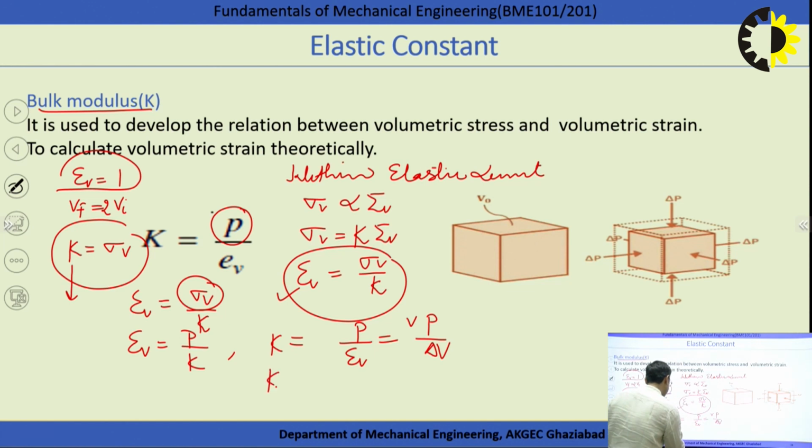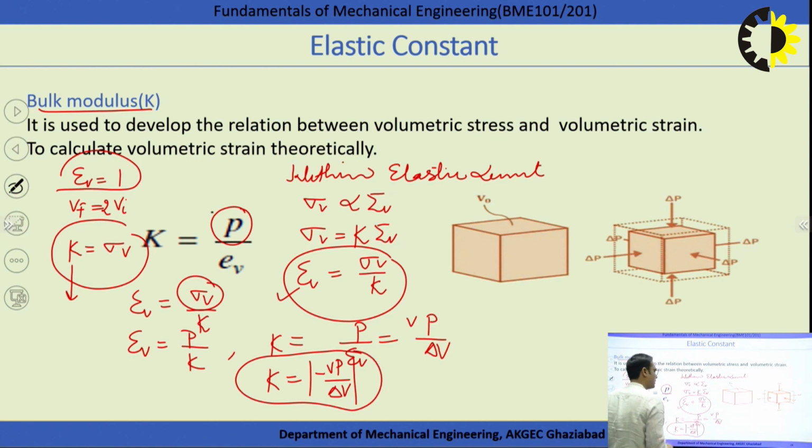And volume and pressure always act in opposite senses, so we always write K equals minus P V over delta V. This way we are able to define the formula for the bulk modulus.